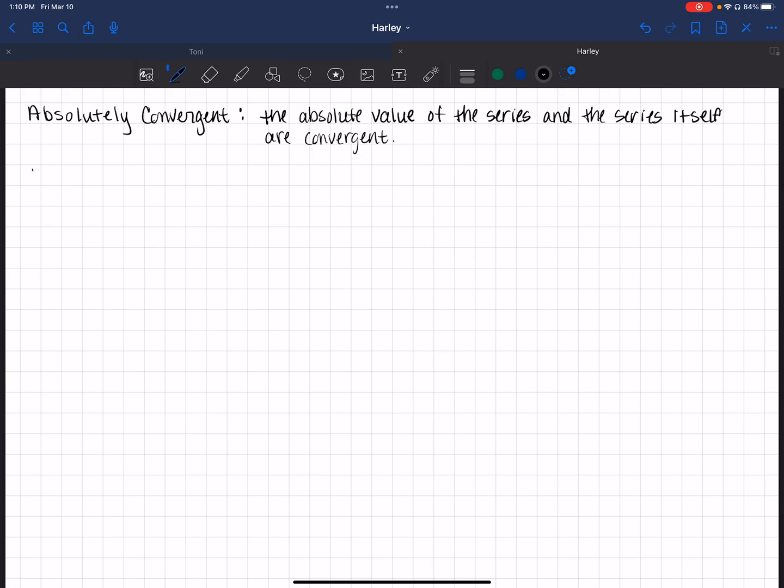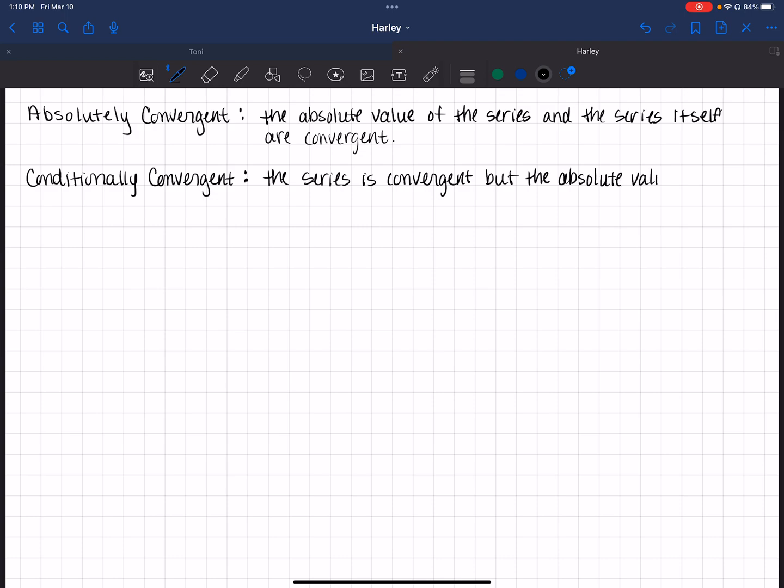Now, we can have what we call conditionally convergent. That means the series itself is convergent, but the absolute value of the series does not converge.